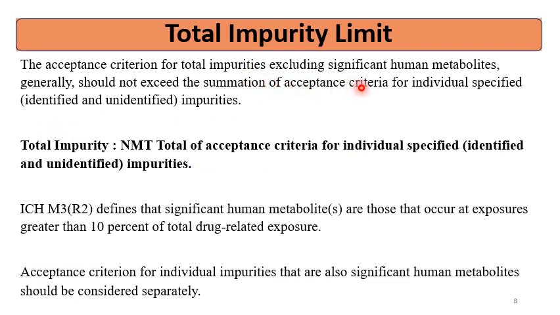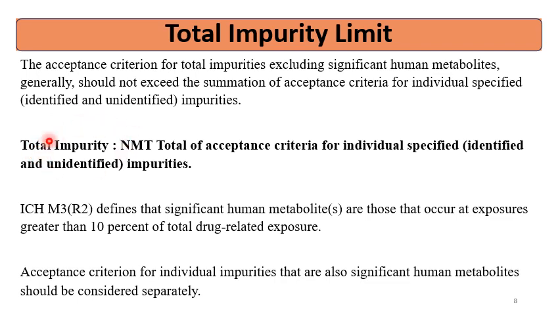The acceptance criteria for total impurity limits, excluding significant human metabolites, generally should not exceed the summation of acceptance criteria for individual specified impurities, and these individual specified impurities may be identified or unidentified. It also includes the maximum unknown impurity.